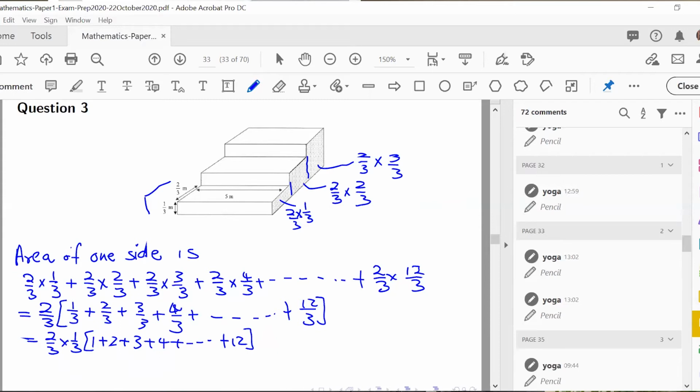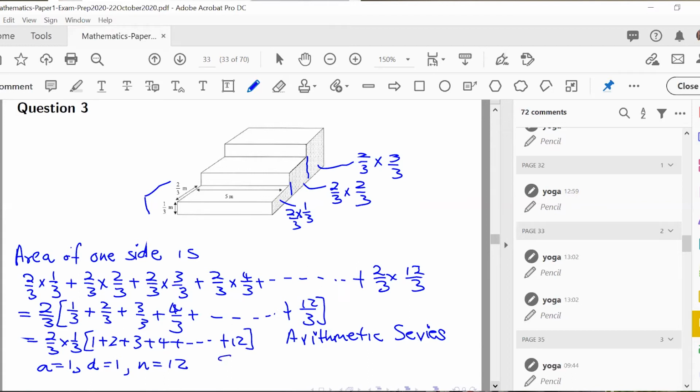Now what we note about the sequence in brackets is that it is an arithmetic series. As an arithmetic series, A is 1 and D is 1 and N is 12.